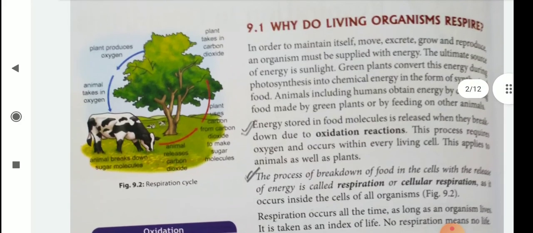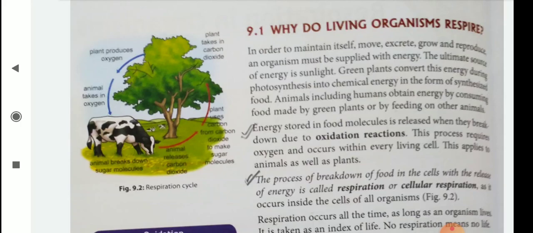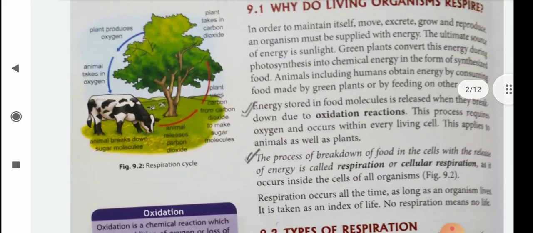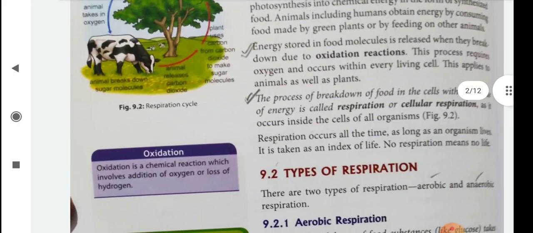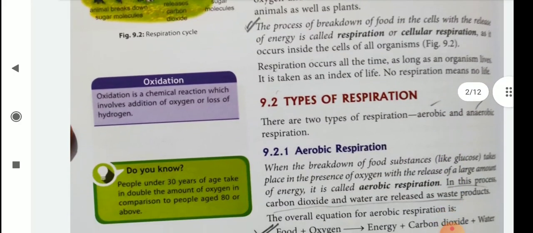So, to get energy, oxidation is necessary. The process of breakdown of food in the cells with the release of energy is called respiration or cellular respiration, as it occurs inside the cells of an organism. Okay. Then comes types of respiration.